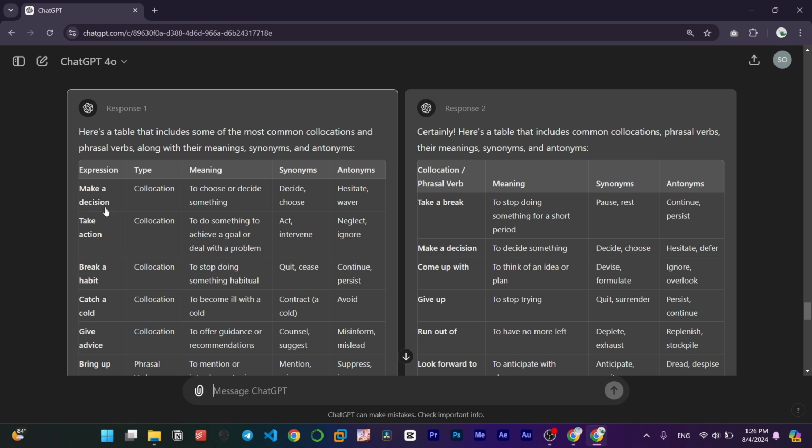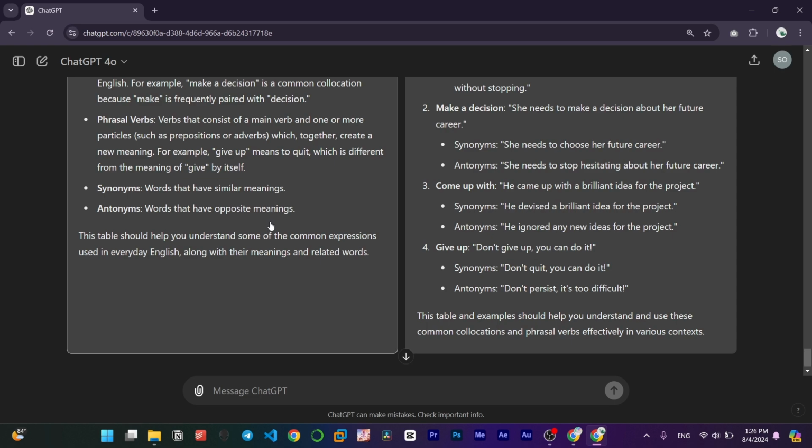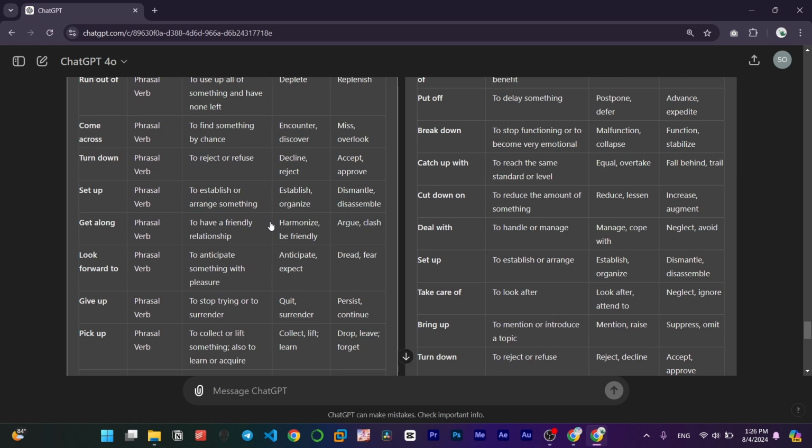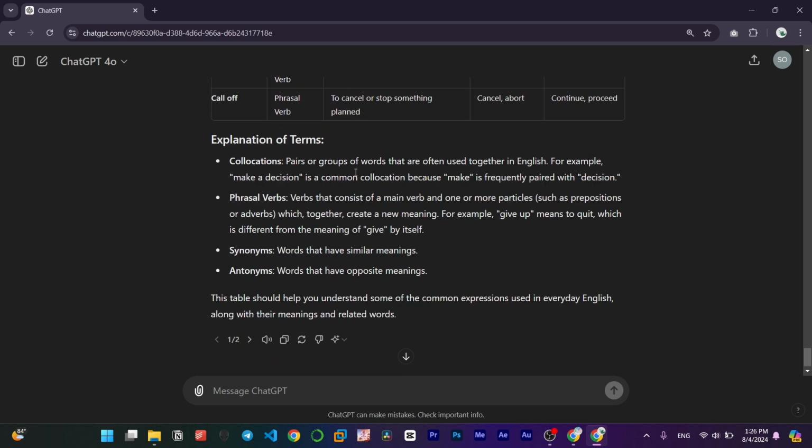So, for instance, make a decision: collocation, to choose or decide something, and synonyms: decide, choose, and hesitate. Favor: take action to do something. As you see, this is really great. This is really great for a person who wants to learn English. So that's it.